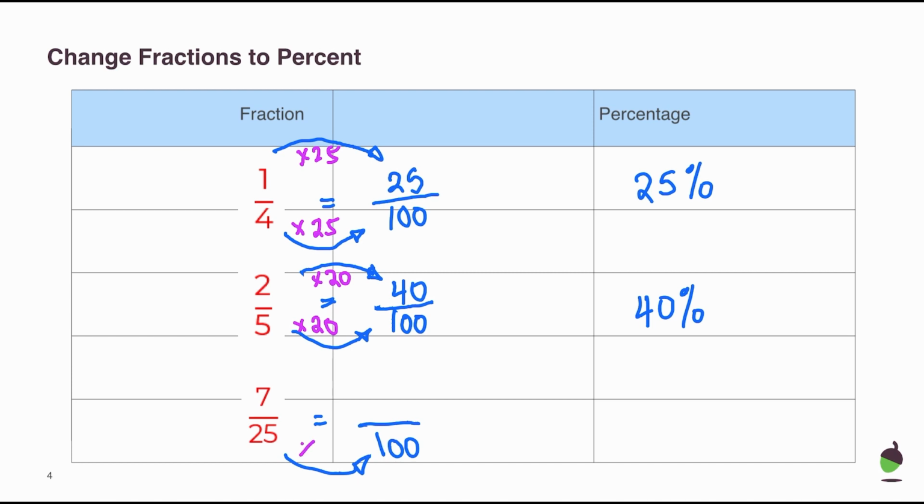So, kailangan ng 4 na 25 para maging 100. And then, same thing na gagawin natin dito sa taas, we will multiply it by 4. So, 7 times 4 is 28. Now, we have 28 out of 100 or 28 per 100. So, ang ating percent ay 28%.